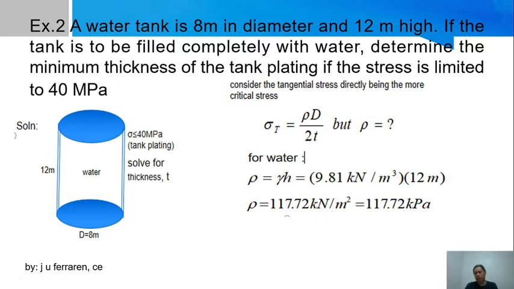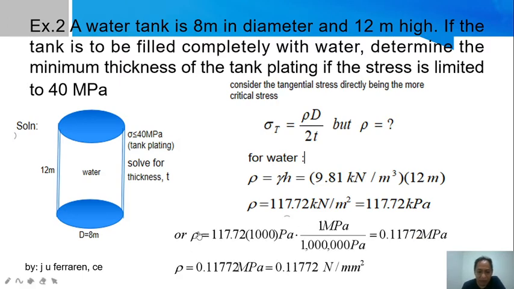If you want to express your unit in terms of megapascal, I have to show a sample conversion. You have the pressure, that is 117.72 kilopascal. The kilo is good as 1,000, so that is multiplied with 1,000. The unit is now pascal. Now, if I want to express that in terms of megapascal, 1 megapascal is 10 to power 6 pascal.